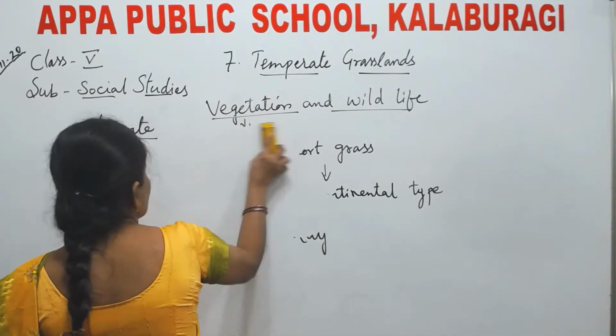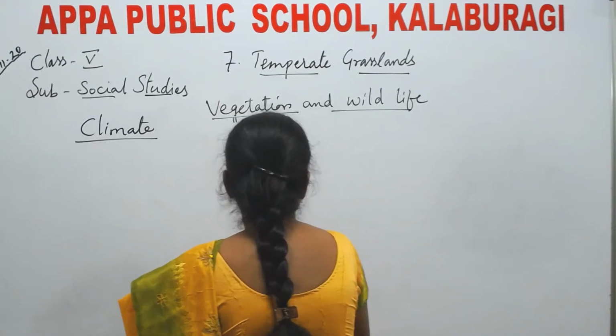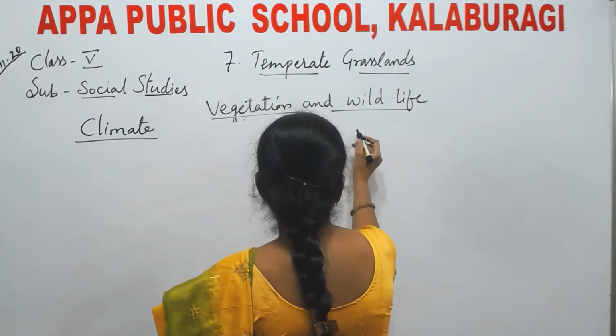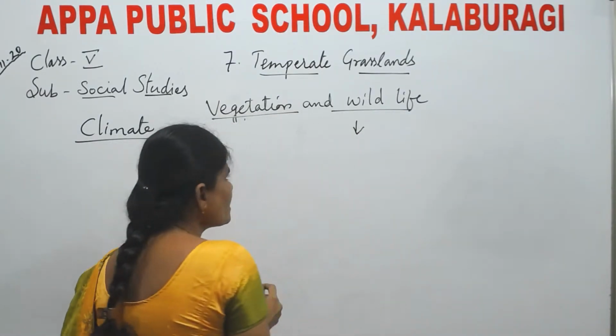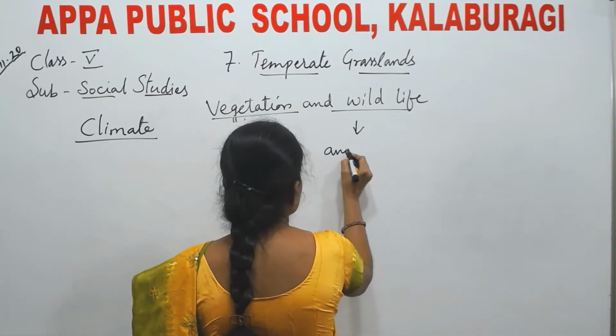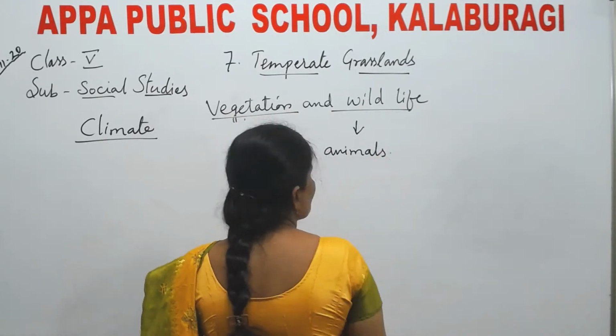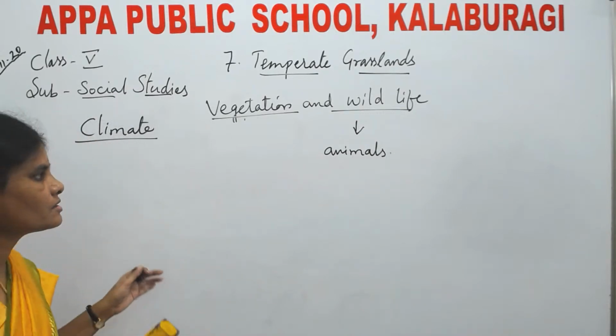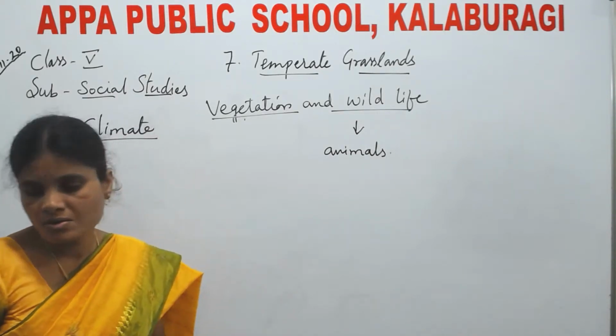Now we studied about vegetation. Now let us come to wildlife. Wildlife means animals. What are the animals found in the temperate grasslands? Let us see now.